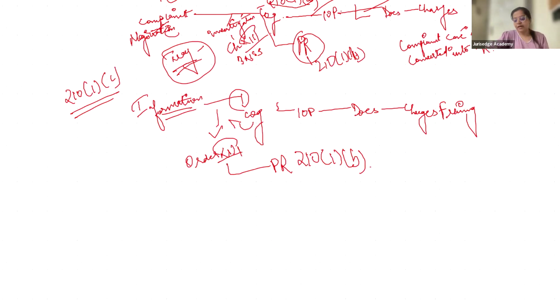Clear? So the basic meaning of investigation is collection of evidences. You can read the definition after the class from the section. Nobody is asking you the section, but I'm just telling you so that you can read it. 2(1)(l), which mentions the new Act, is 2(1)(l), the old is 2(h).